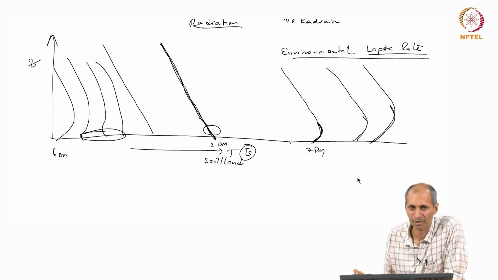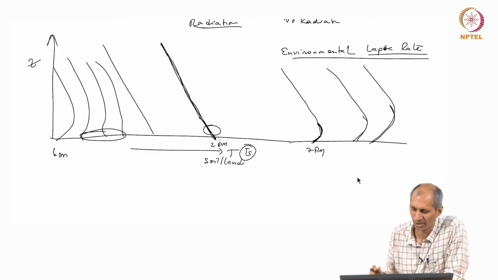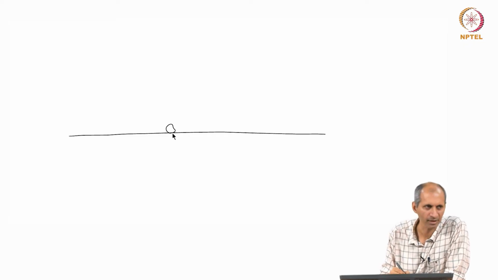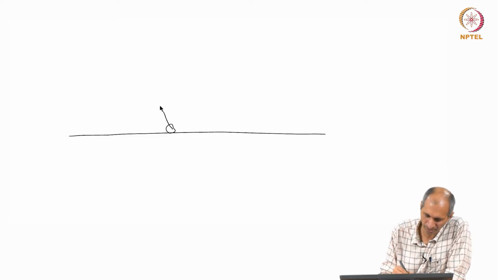Several things can happen to it depending on the condition of the environmental lapse rate. So, what will happen to a parcel when it is released?